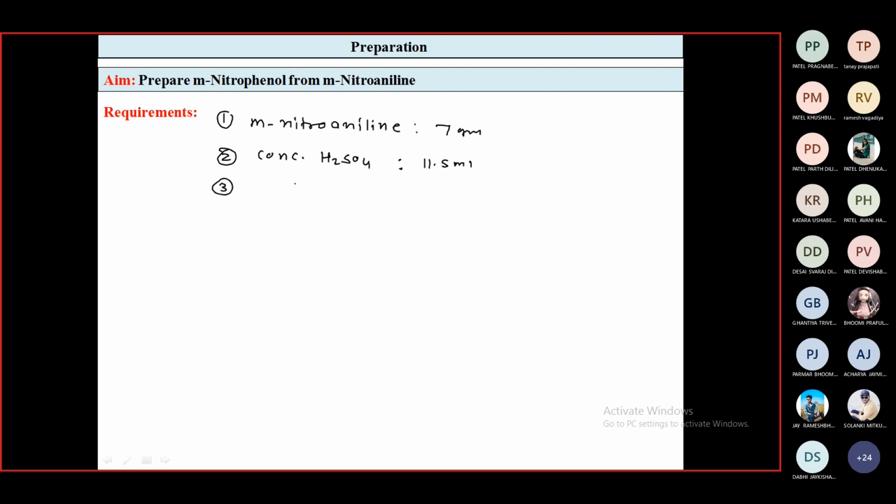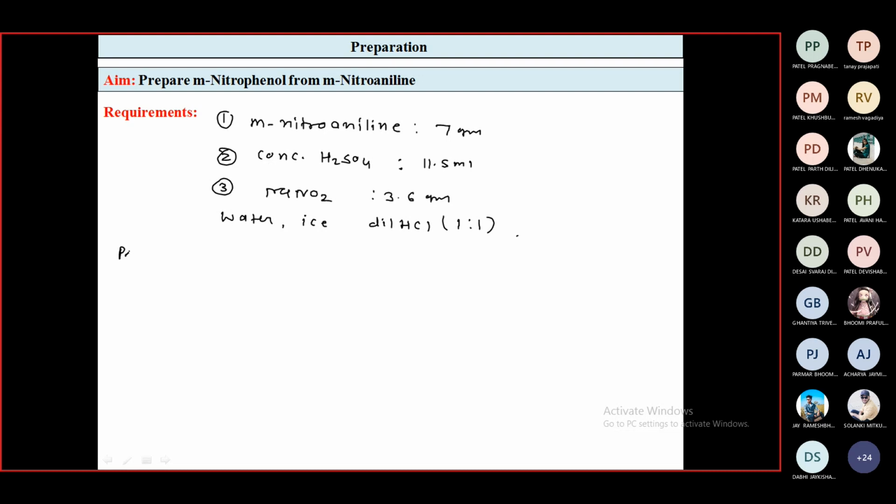Third one is NaNO2, 3.6 gram. And fourth other are water, ice, dilute HCl 50%. These are the reagents you require.